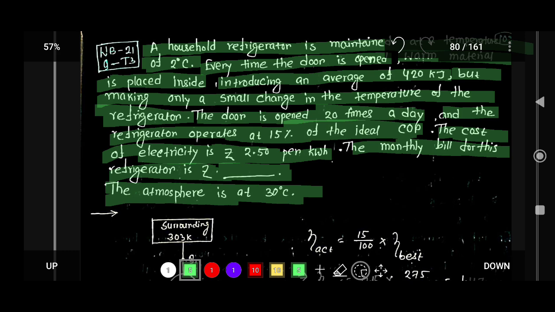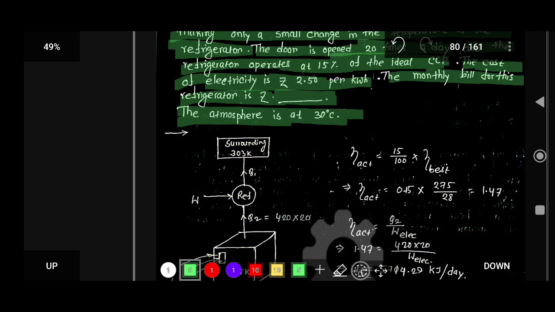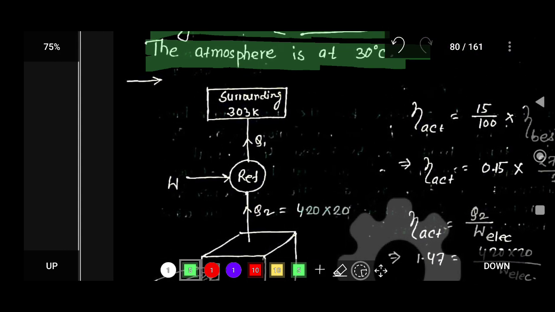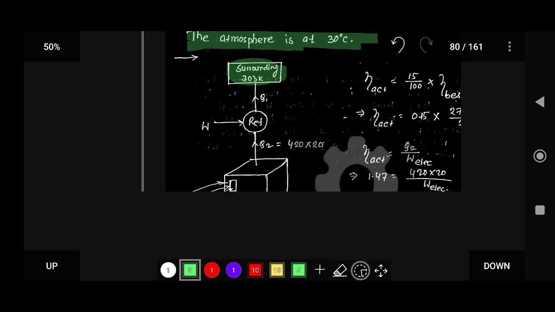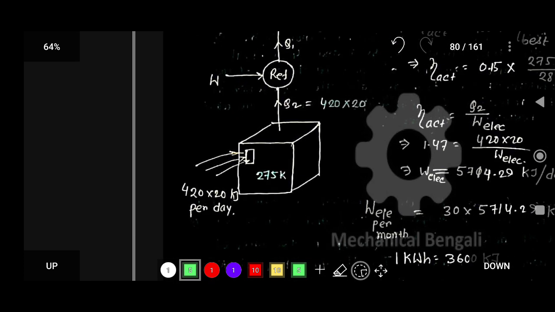Now focus on this question. There is a surrounding, which is at 30 degrees Celsius, that is 303 Kelvin. And there is a storage space, which is at 2 degrees Celsius, that is 275 Kelvin.